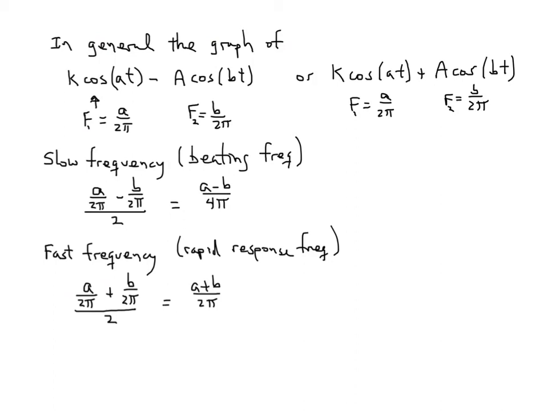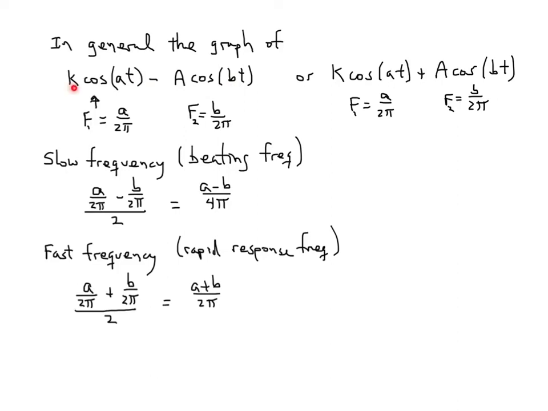Finally, talking about the mathematical expressions for the fast and slow frequencies, I'm generalizing. In our forced harmonic oscillator problems, we can potentially end up in one of two situations. We have a constant times cosine of one particular frequency minus a constant times cosine of a different frequency, b.